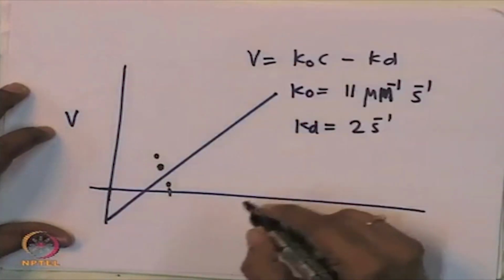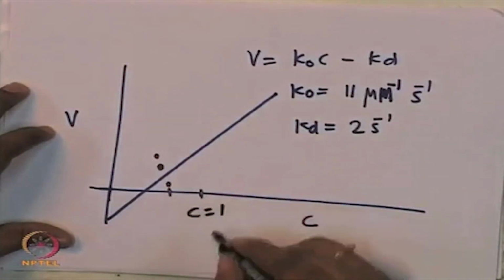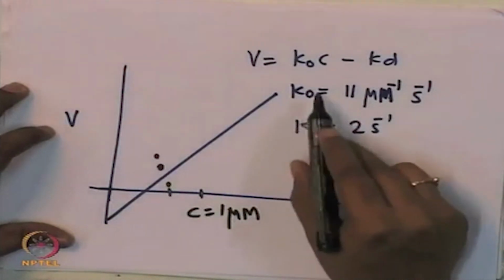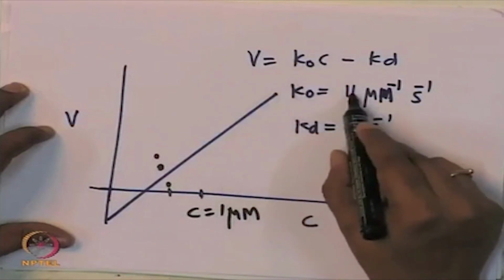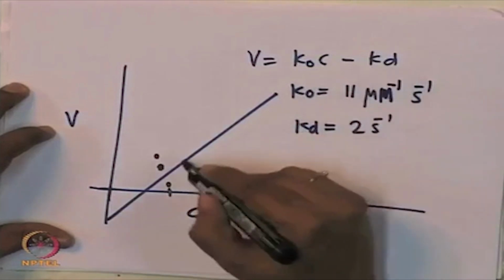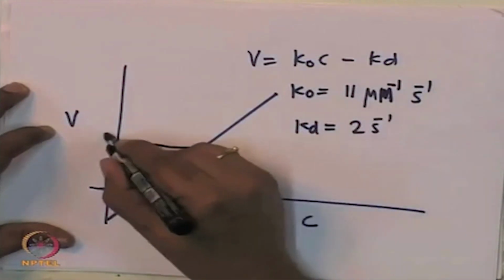Let us take this particular value C is equal to 1 micromolar. What is K0 C minus Kd? K0 is 11. So, 11 into 1 is 11, 11 minus 2, so this has to be 9. Theoretically this value is 9.